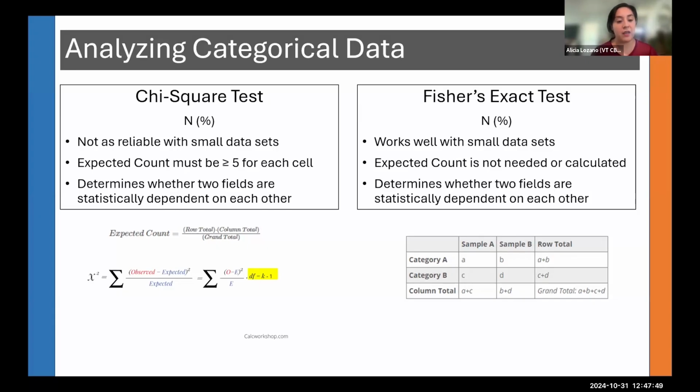I do provide the computation at the bottom, which I won't get into. But in order to use the chi-square test, you want to ensure that your sample size and the cell counts are large enough. Oftentimes, the software you're using will throw out warnings. I know sometimes those warnings are ignored, but they should not be ignored. You want to ensure that you're using the correct test.